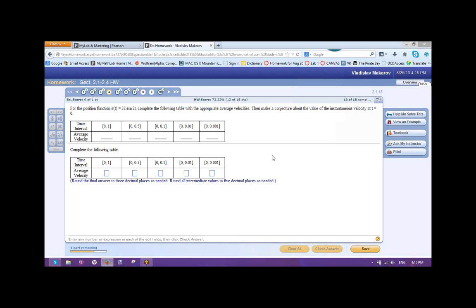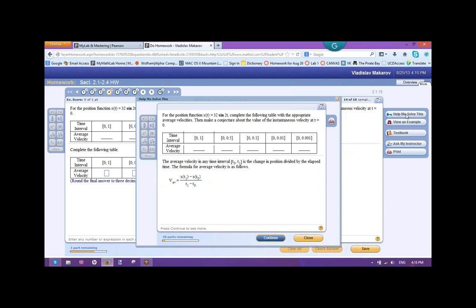I don't see how else we're going to advance. This is what I had to do with another student. We constantly encountered this, and that's the only way we were able to proceed. Okay, hit continue.